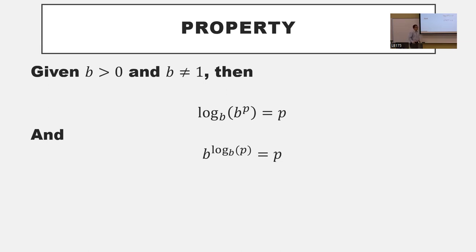If I take b raised to the log base b of p, I get back the p. In general, with any base bigger than 0, not equal to 1. So with any nice base, I get that property, and that's regardless of what the value of p is.